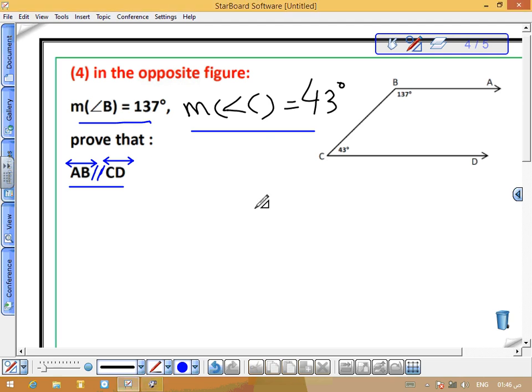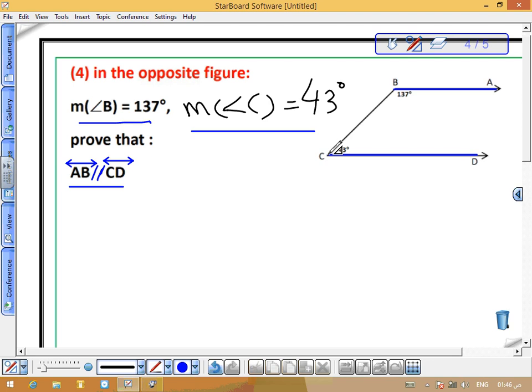To prove that the straight line AB is parallel to straight line CD, we must find one of three conditions. What are these three conditions? Number 1, we must find two alternate angles equal in measure. Number 2, two corresponding angles equal in measure.